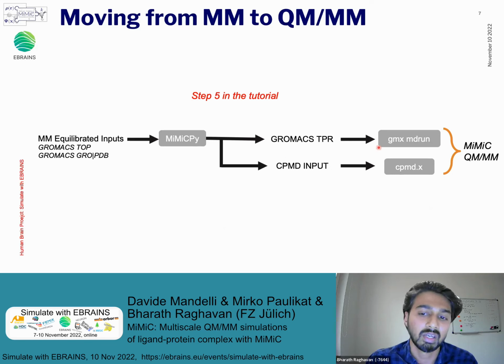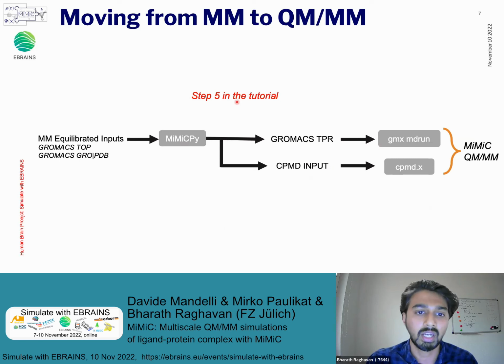These input files can be easily generated through the mimicpy code that is provided as part of the mimic package. All you need to do is take the outputs of the previous step, that is the GROMACS topology and the equilibrated coordinates, pass them through mimicpy, and you would obtain the GROMACS TPR and the CPMD input required for mimic runs.